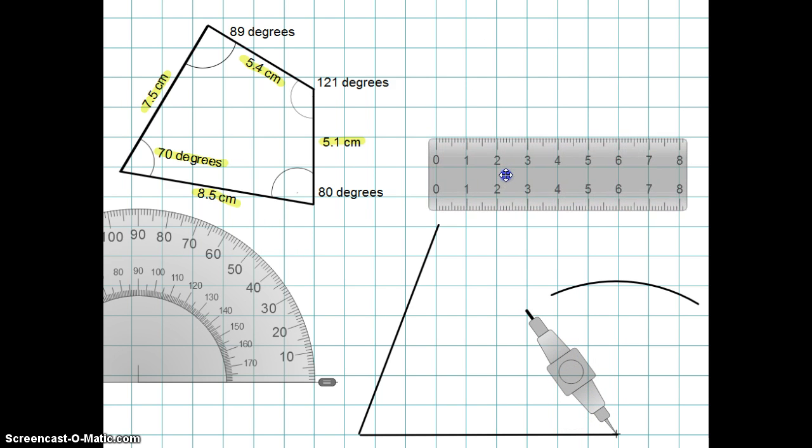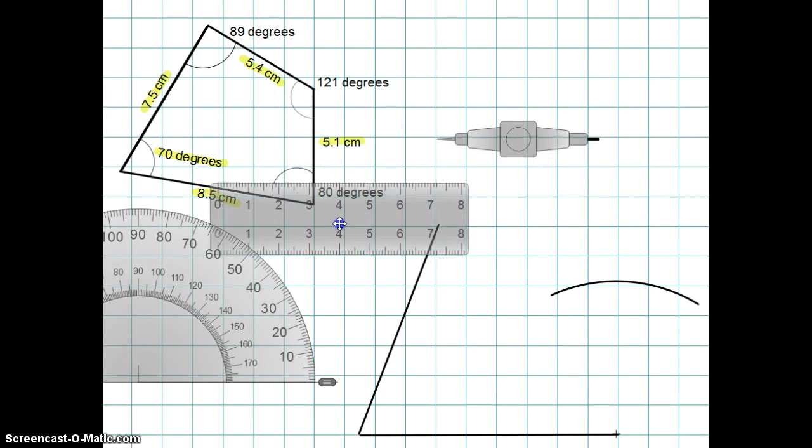Next, I am going to focus on this side here, which is 5.4 centimeters, and basically do the same thing. So I'm going to place the tip of the needle of my compass and set the width of my compass to 5.4, which is right there.